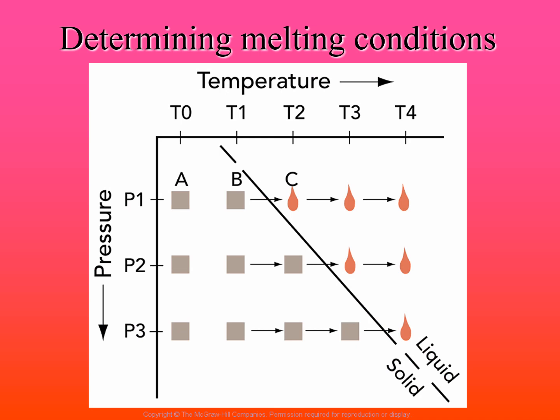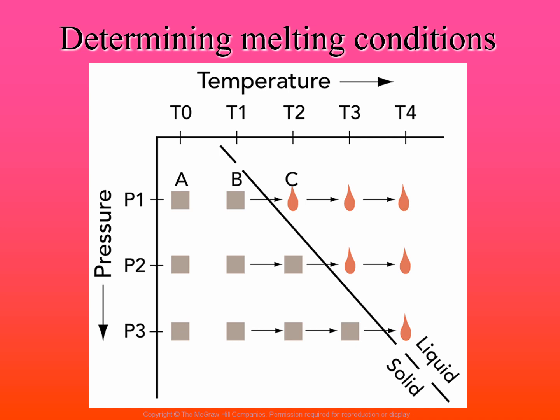So let's think about what this looks like on this phase diagram here, where we've got temperature 0, right? So that'd be cooler, and temperature is increasing as we get to, say, T4, temperature 4 over here. So at some pressure, let's say P1, which would be closer to the surface than P3 down here.